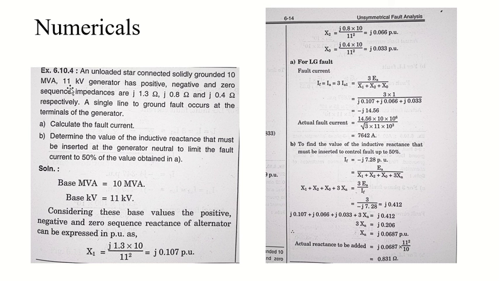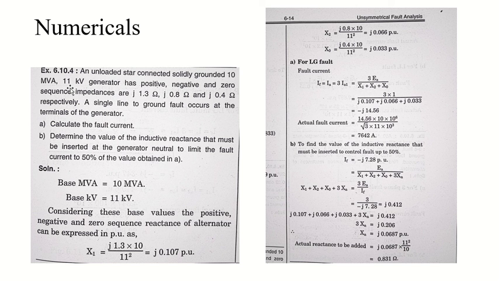Now we have to find the value of the current for the LG fault. The fault current will be equal to 3 into IA1, which is my positive sequence current. And the formula for positive sequence current, if you remember from the LG fault, is EA divided by x1 plus x2 plus x0.